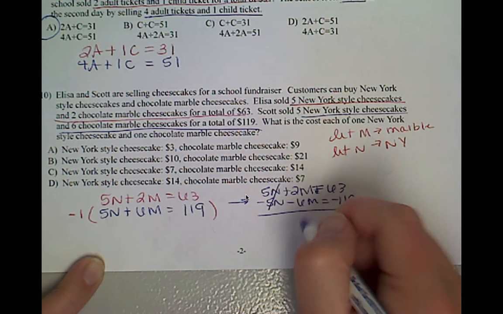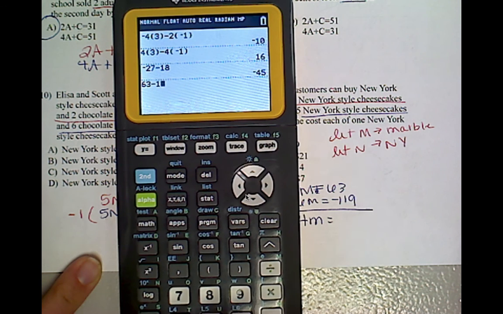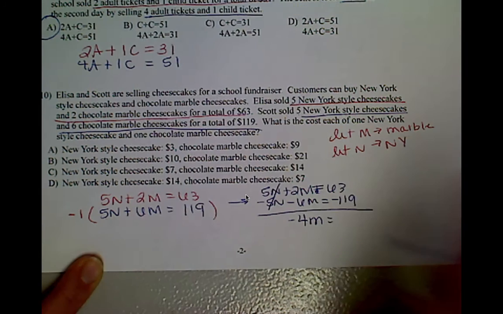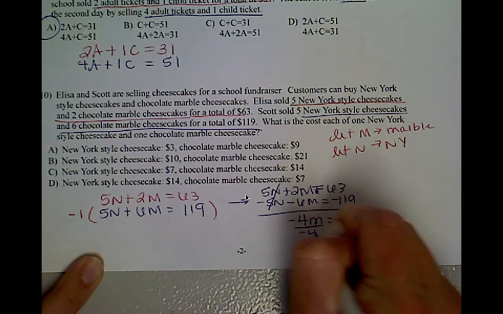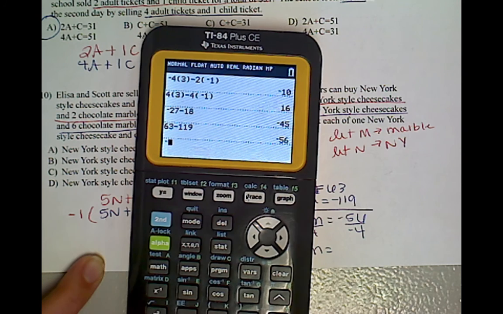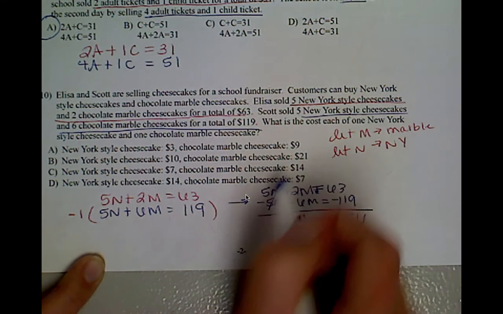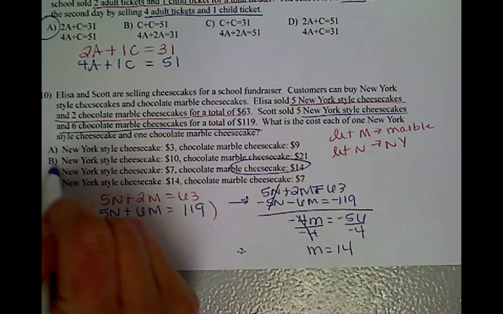Add them together, those cancel, and you're left with -4m equals, I would check in my calculator, but it is 63 minus 119, which is -56. Divide by -4 to solve for m, and m equals 14. So when I'm looking at this, marble cheesecake 14, that's going to be the only one that works.